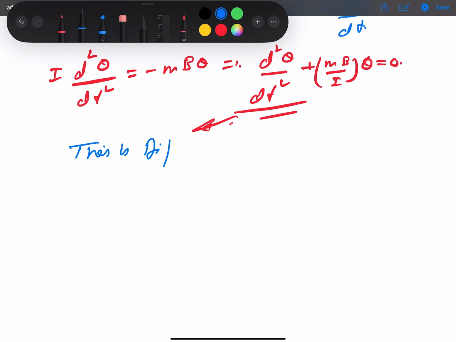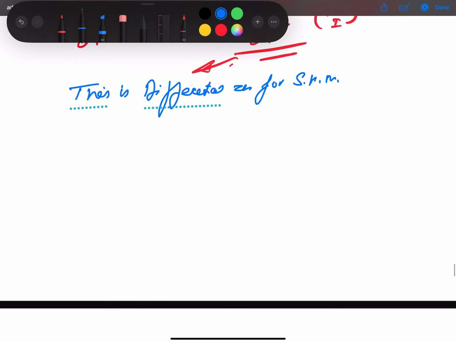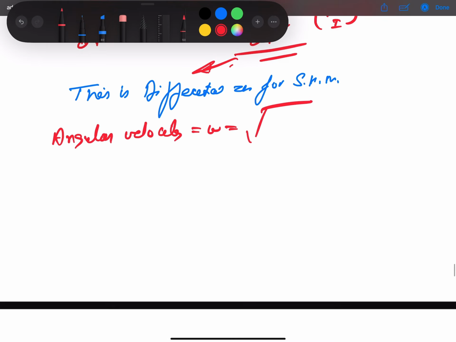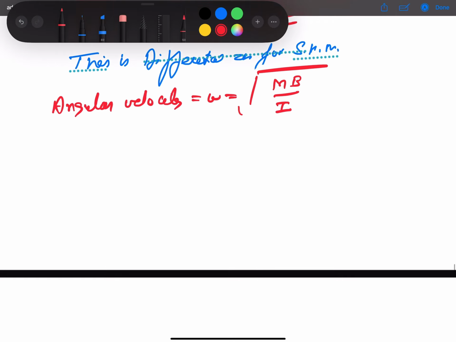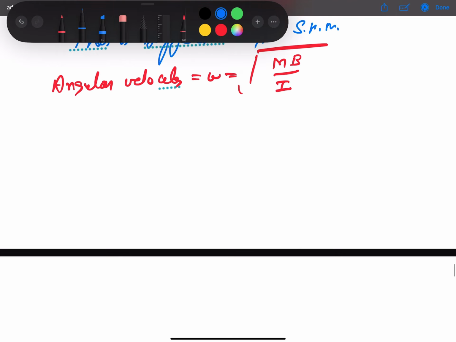This is the differential equation for SHM with the angular velocity omega equal to square root of mB divided by I. So now we can find out easily the time period.